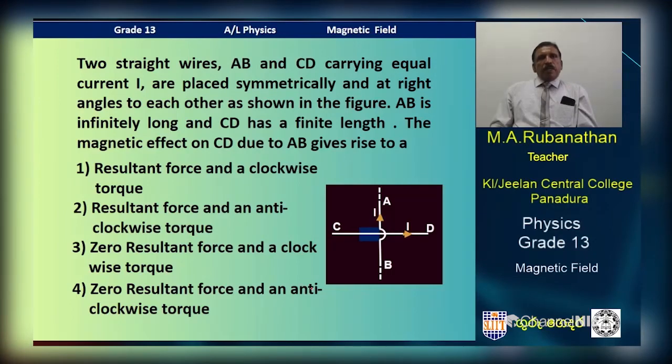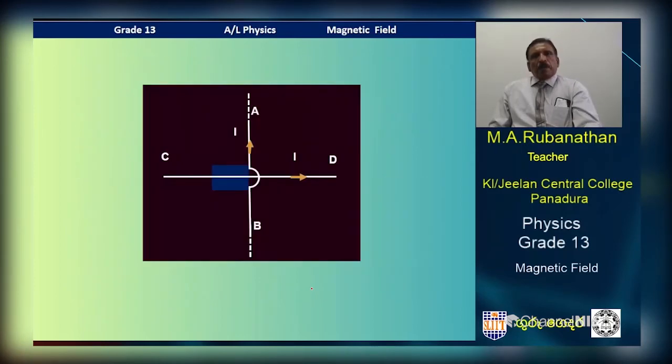AB is infinitely long and CD has a finite length. The magnetic effect on CD due to AB gives rise to one of four answers. So let's see the picture again. What is the magnetic effect?